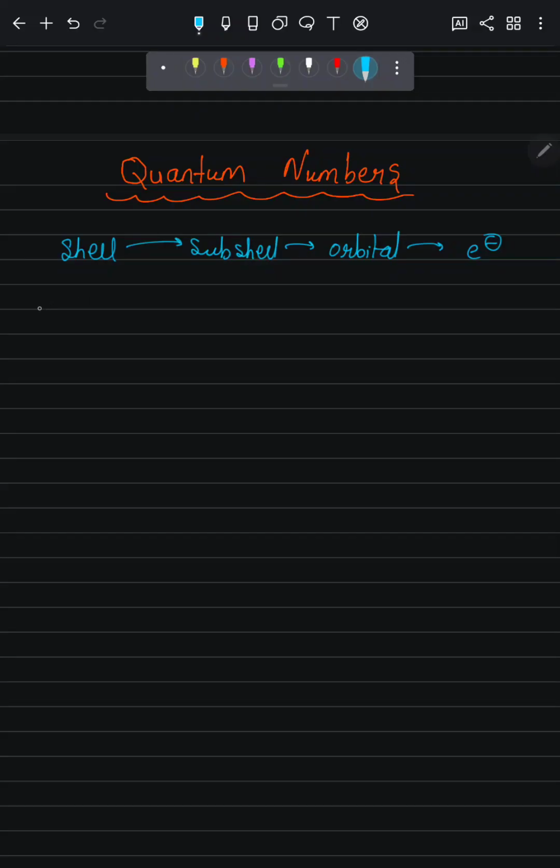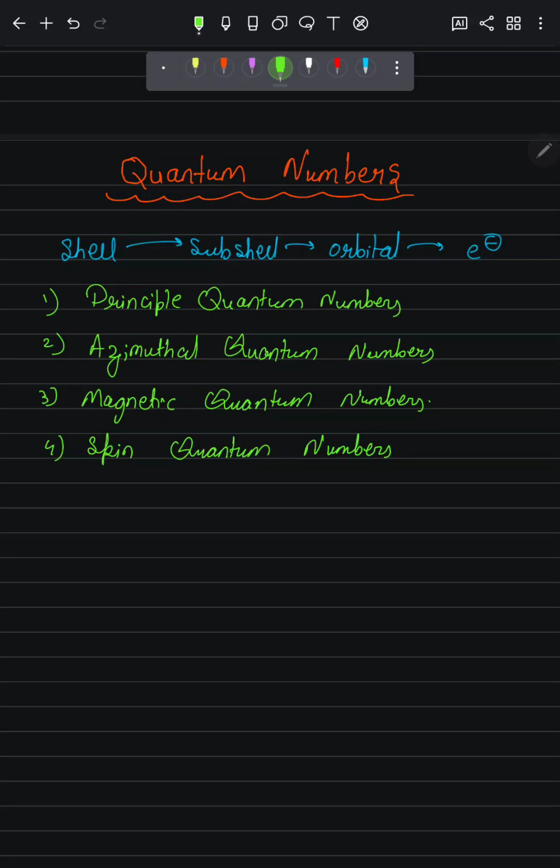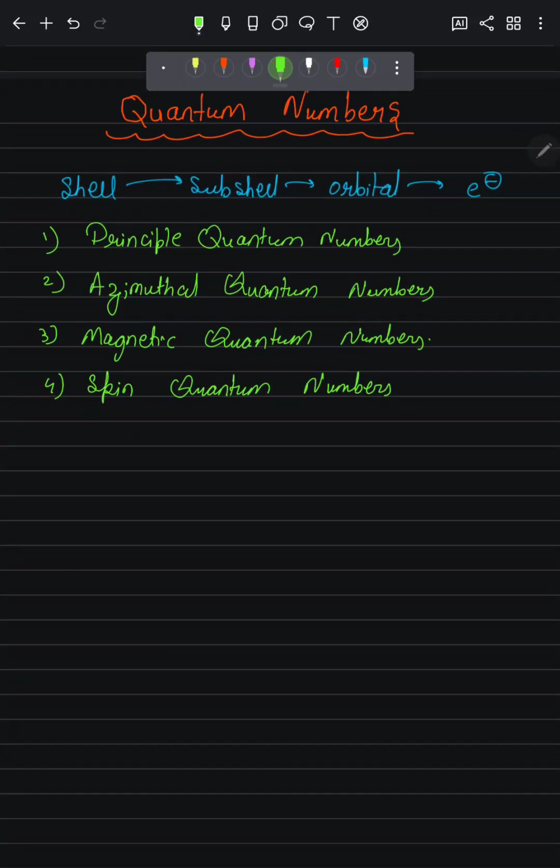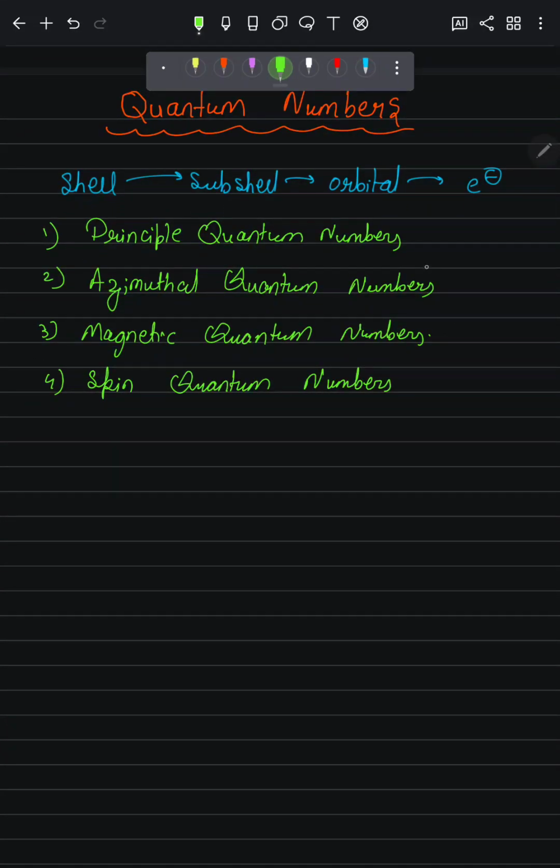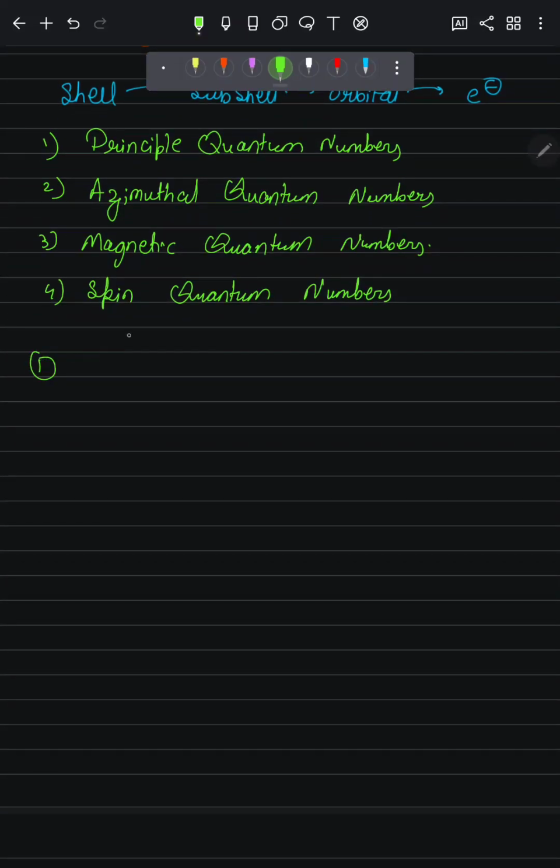So these are all the quantum numbers. First is the principal quantum number, second is the azimuthal quantum number, third is the magnetic quantum number, and the fourth is the spin quantum number.